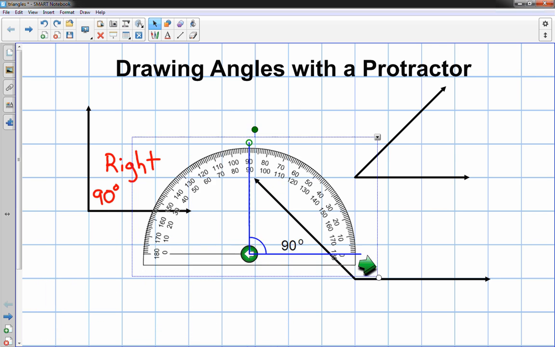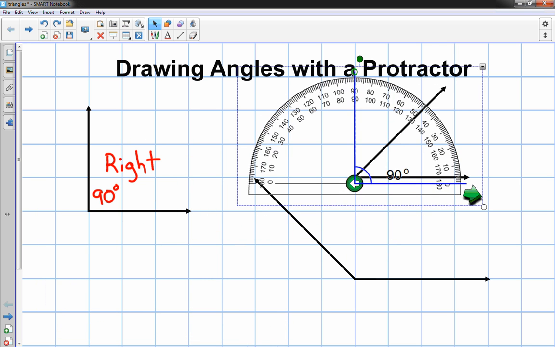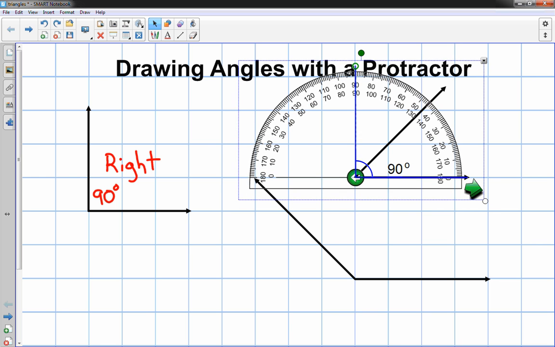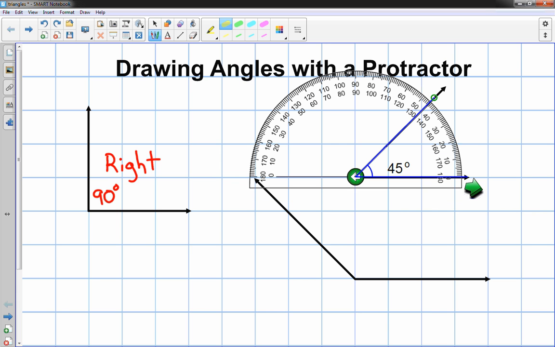Let's go to this one over here. I'm going to line up my protractor like that the best I can, and you have to visualize, you have to understand this angle is smaller than 90. So when you look at the protractor, you have to say, okay, is it 45 right here?